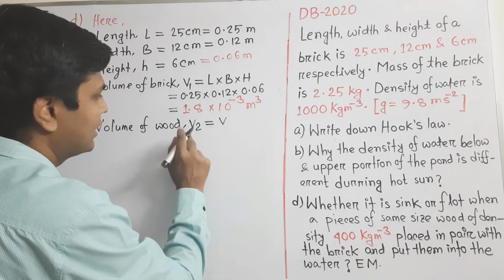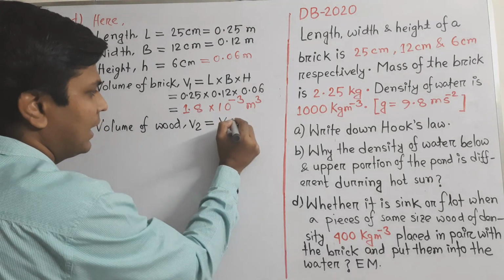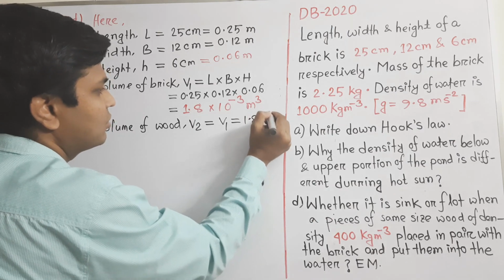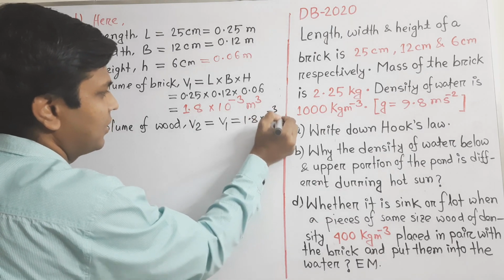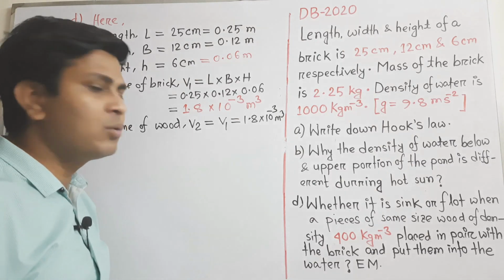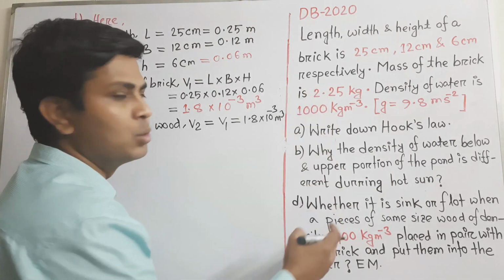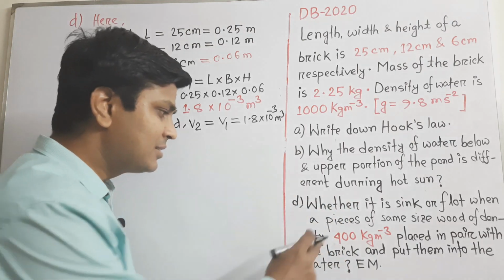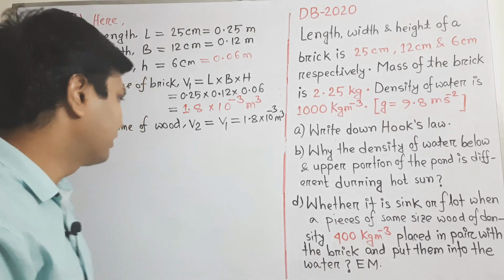So we can write here V2 equals V1, and that is 1.8 into 10 to the power minus 3 meter cube. Now we have to calculate the mass of the wood, because mass of the wood is not given, but density of the wood is given here.